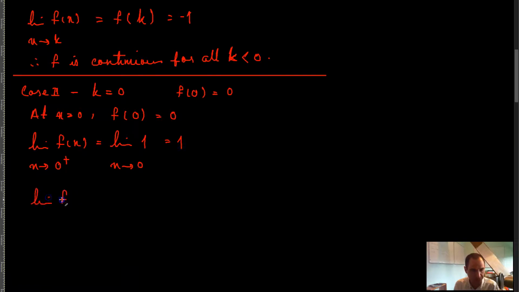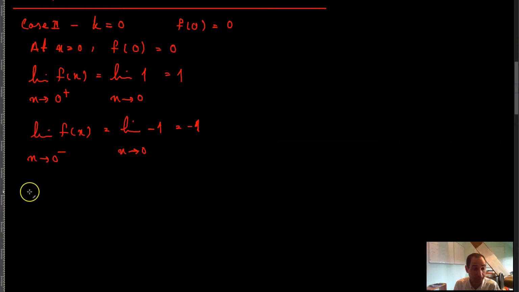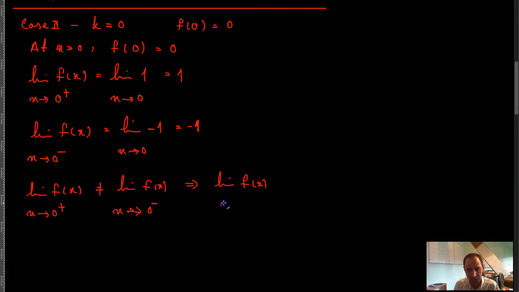And the limit of f of x as x tends to 0 from the left is equal to the limit of negative 1 as x tends to 0, which is equal to negative 1. And as you can see, the limit of f of x as x tends to 0 from the right is not equal to the limit of f of x as x tends to 0 from the left, and therefore the limit of f of x as x tends to 0 does not exist.